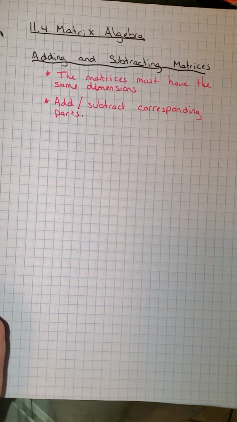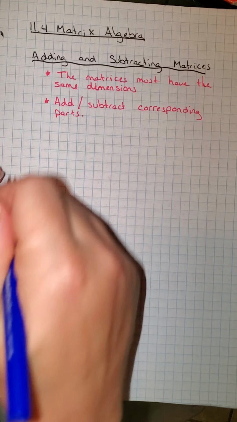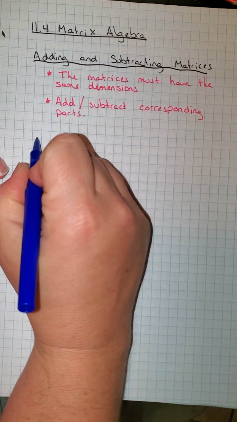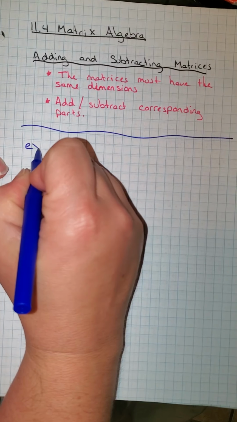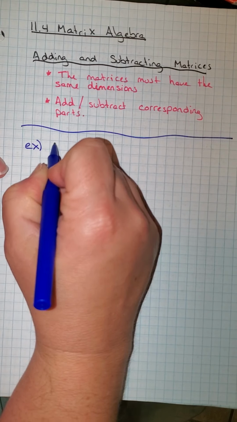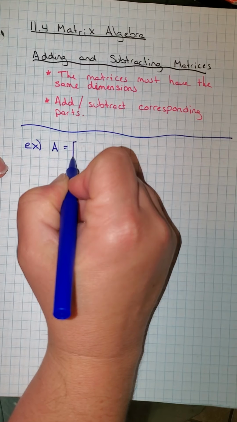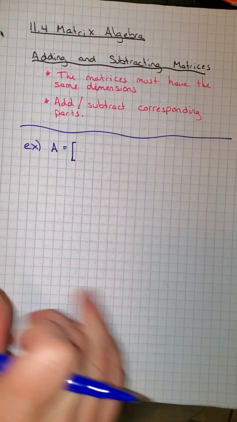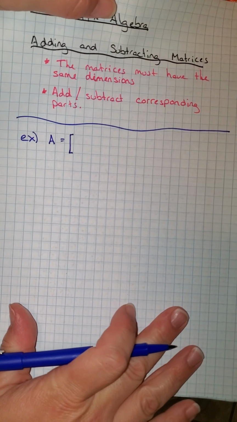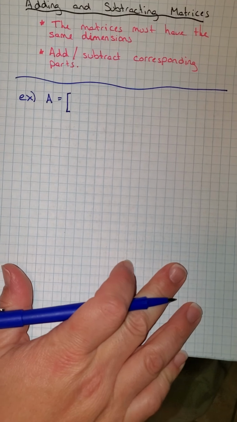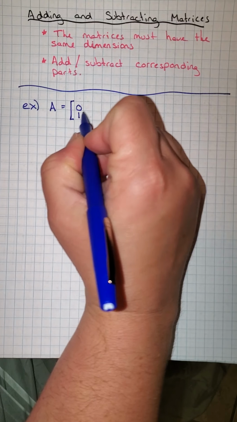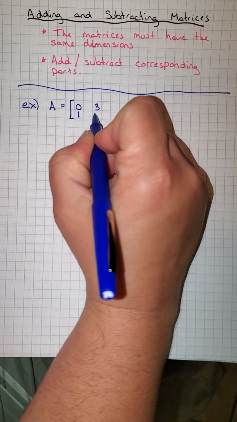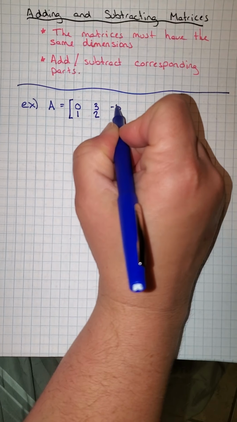Okay, so for example, let's say we have matrix A, and it equals 0, 1, 3, 2, negative 5, 6.